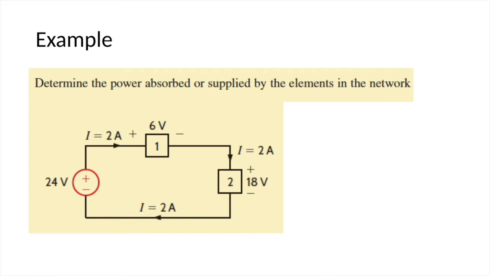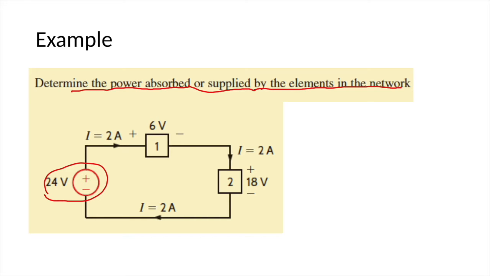Okay, let's give an example: determine the power absorbed or supplied by the elements in the network. For this network, we can see there is one voltage source, 24 volts, and there are two elements.